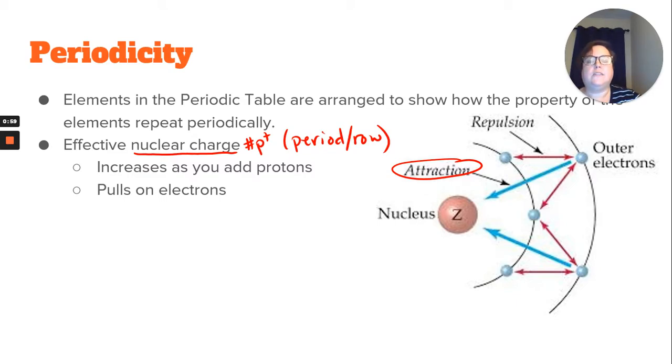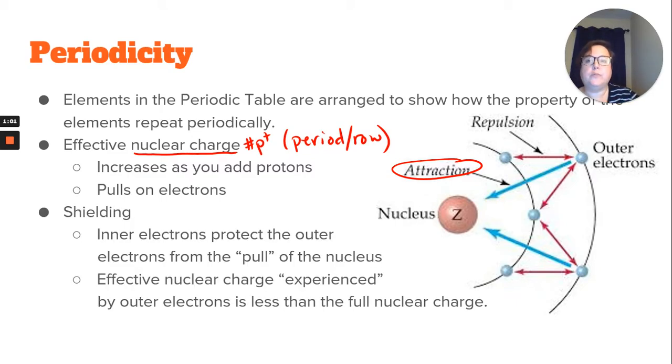Now, if the elements are in the same group, then we talk about shielding. And so the inner electrons, which would be these three right here, are blocking the outer electrons from the nucleus. So they're shielding.